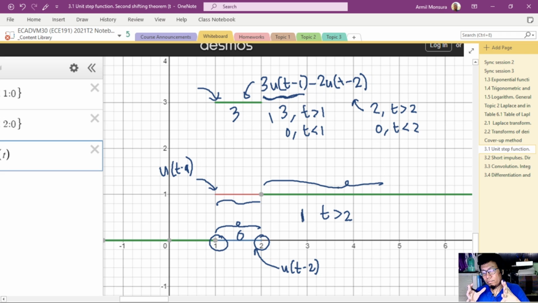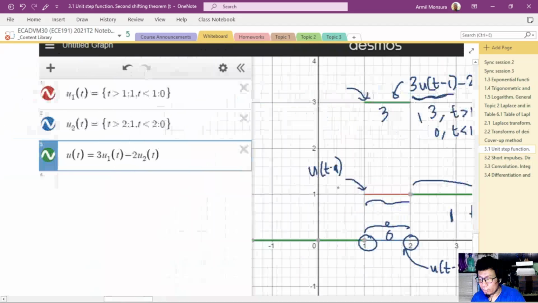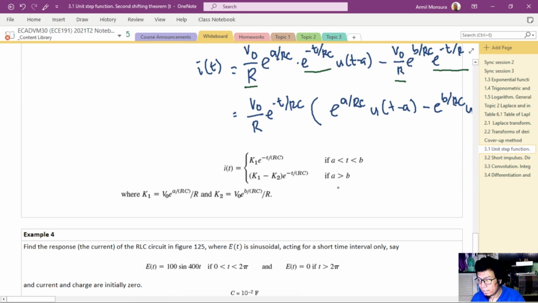So when your step functions have different scaling factors, they have different values for different intervals.